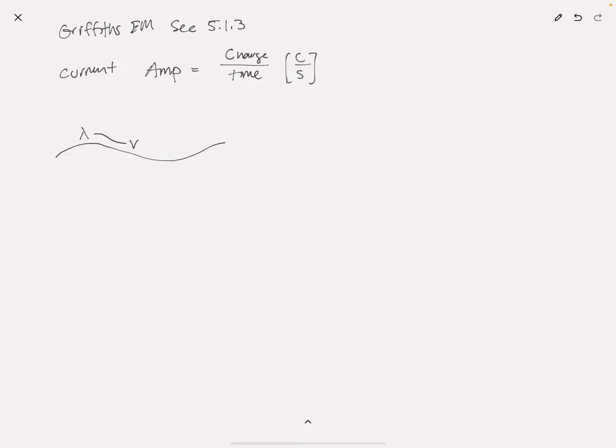Because the direction of that charge is determined by the shape of the wire, I should think about it as moving with some velocity down that wire. I can define the current as the charge density times the velocity, and therefore the current is a vector.